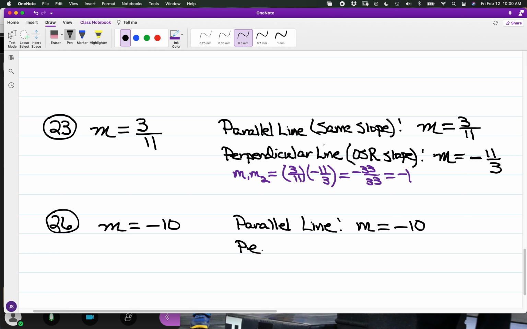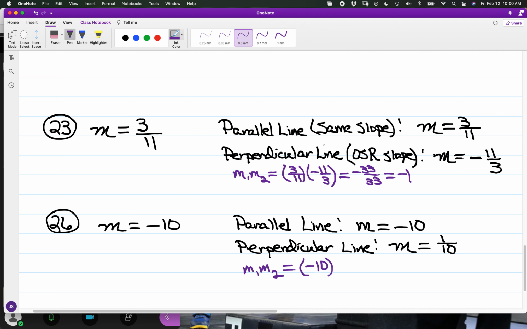Whereas for the perpendicular line, once again, we're going to have the opposite sign reciprocal of the slope for the given line. So going from a negative to a positive and flipping 10, this will come out to 1/10. For the product of the slopes, we have -10/10, which reduces to -1.